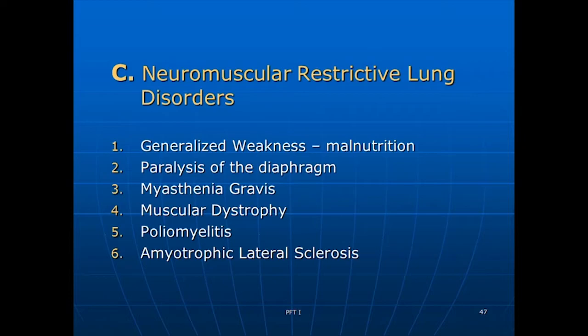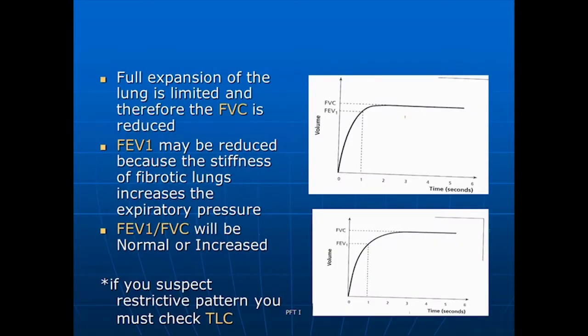So we talked about intrinsic, the lung itself; extrinsic, usually the bony structure or something outside of the thorax that's impinging upon the lungs, or any kind of neuromuscular disease itself.